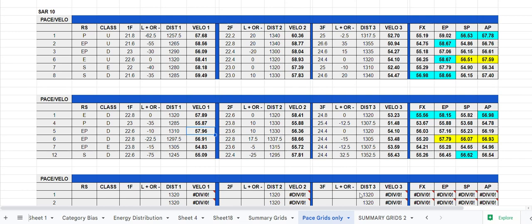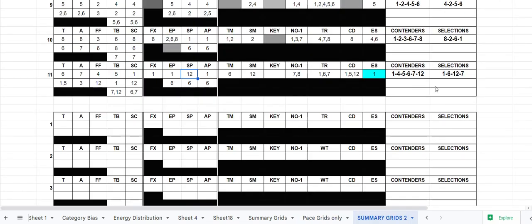I might have to do a secondary set of selections like I did in the other race, and just do it just in case, and put the 5 in on top in case it's a battle between the 5 and the 1. Maybe go 5, 1, 6, 12, and leave out the 7. And again, there may be a scratch or two where I could consolidate and make them one set of 4 selections.